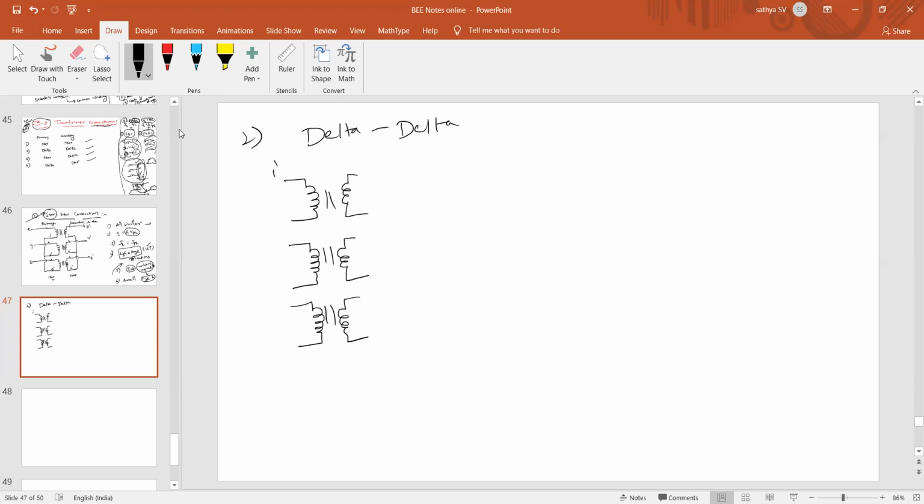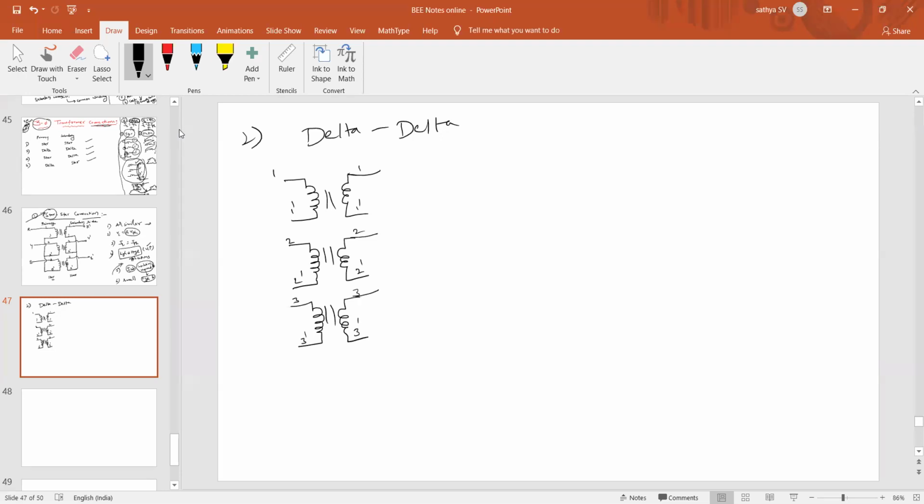This is 1, 1 dash, 2, 2 dash, whatever I'm representing, purely for your understanding. Don't write it in your examination. If you write it, nothing to worry, there is no problem, but better not to mention this 1, 1 dash in your examination. For your comfort I'm giving this. Once you are perfect, you can connect by your own without these numbers.